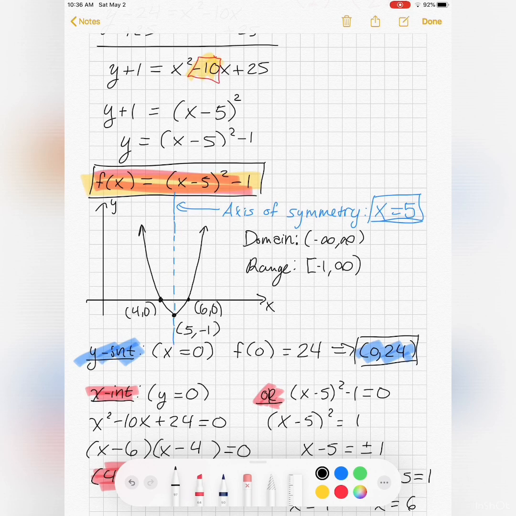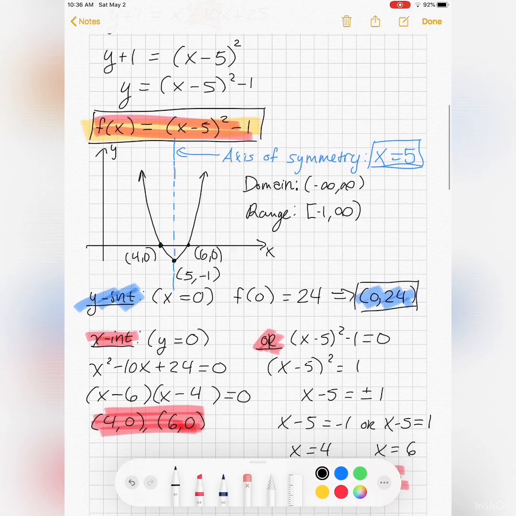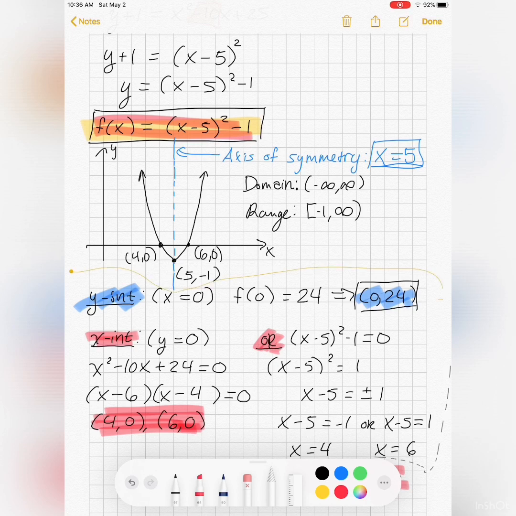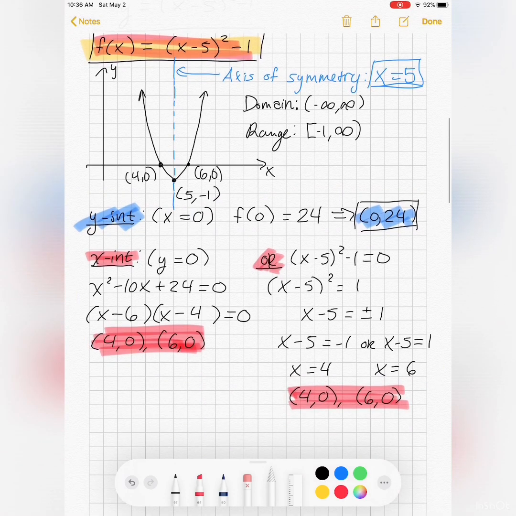Should I even do one more thing? Maybe I'll do one more thing. Let me see if I can move all this down. I wanted to make some more room.